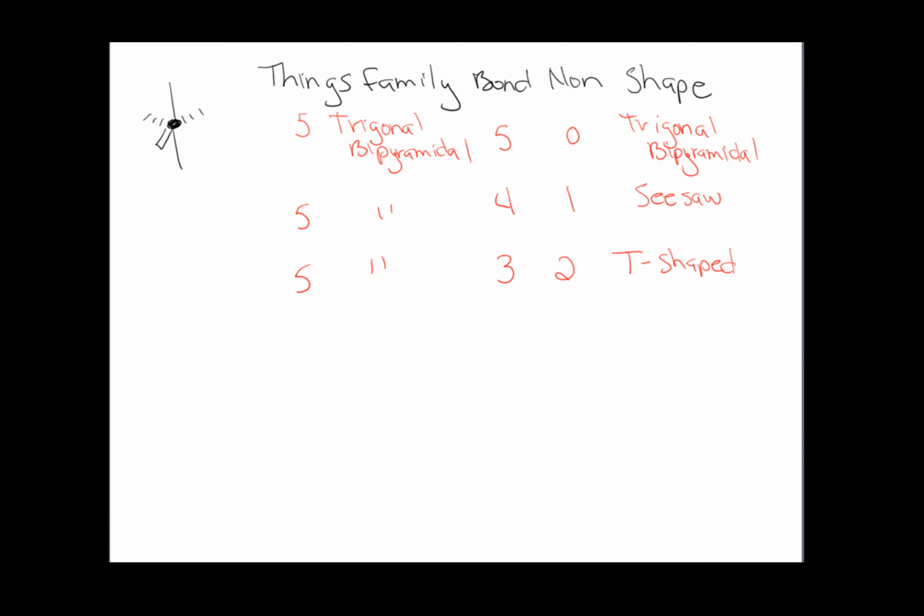Alright, so my next variation would be, what about 2 and 2? And I'm going to go all the way up to xenon for this one. Woohoo! How many things does xenon have? 1, 2, 3, 4, 5, and 6.